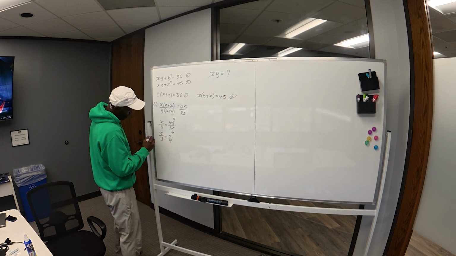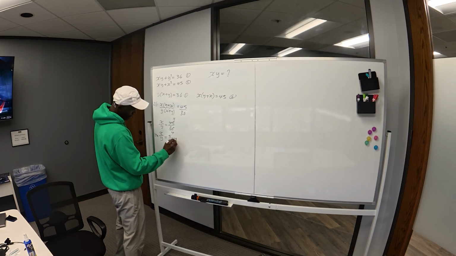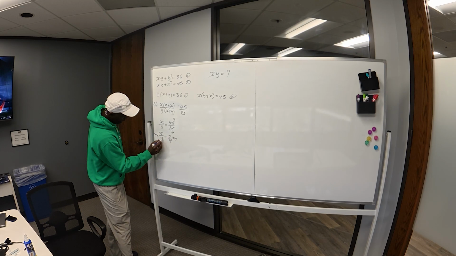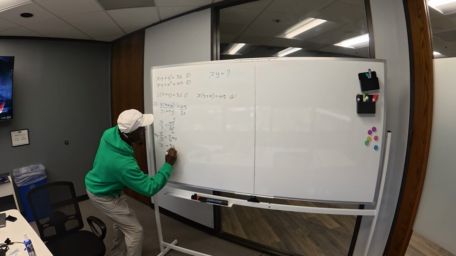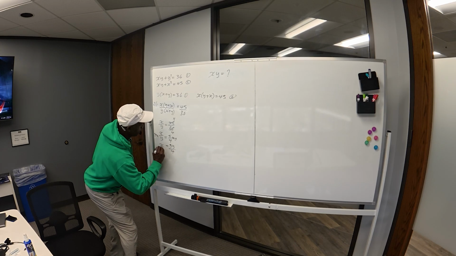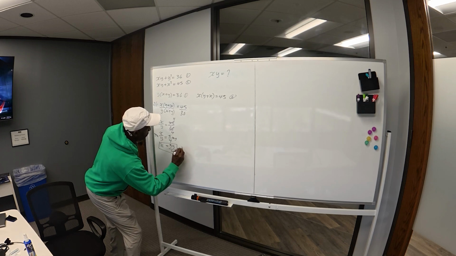If we multiply both sides by y, we now have y cancel out. We have x is equal to 5y upon 4. So now let's make this equation 3.